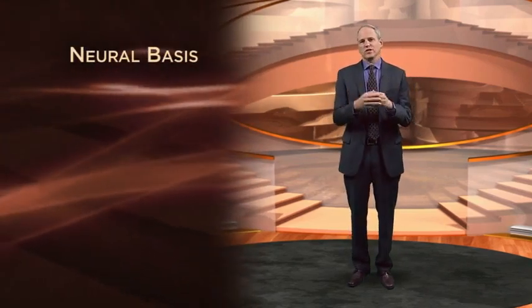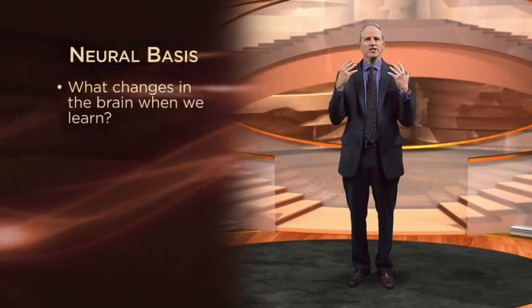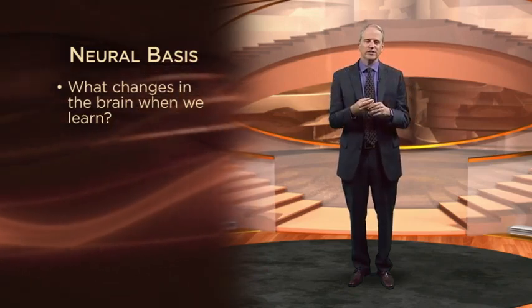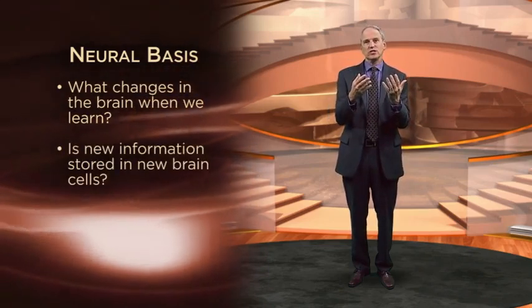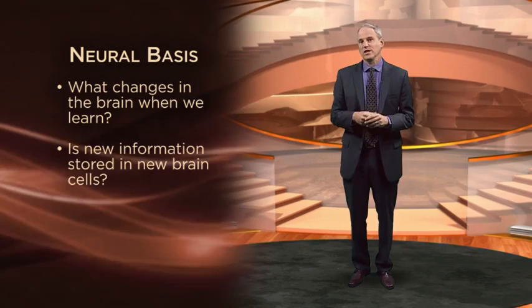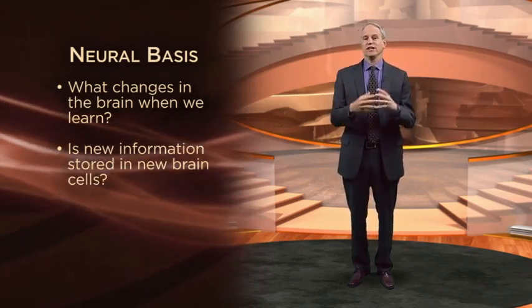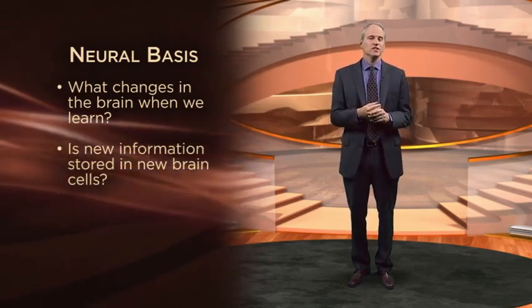And studying simple forms of implicit learning in the sea snail has led to some of the most important insights into the underlying neural mechanisms. For example, one of the most fundamental questions about the neural basis of learning is what changes in the brain when we learn? Is the newly learned information stored in new brain cells that grow in response to the learning? Or perhaps new connections are created between existing neurons?